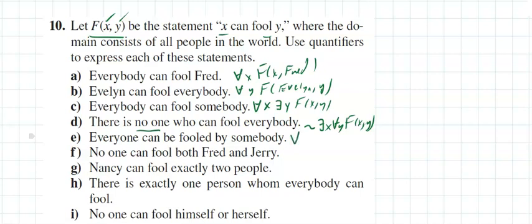I seem to do that now. Everyone can be fooled by someone. Someone means some. Okay, there you go, and you could apply it now. So everyone can be fooled by someone. Good.